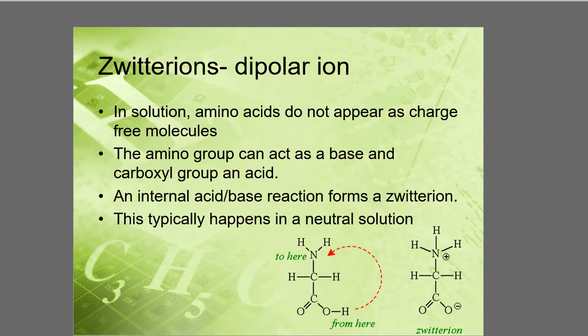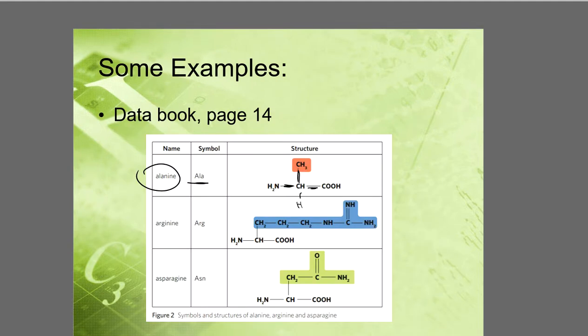Now, if you do have a single amino acid in solution, they won't actually appear as molecules like this. What I mean by that is, in a neutral solution or in any solution, they're not going to actually appear like this. This is how they initially bond together in terms of overall covalent bonding.